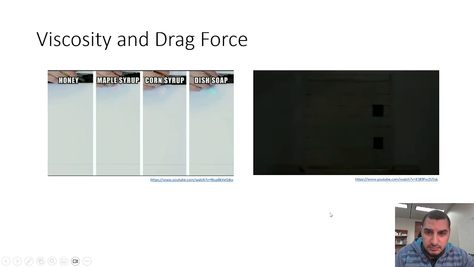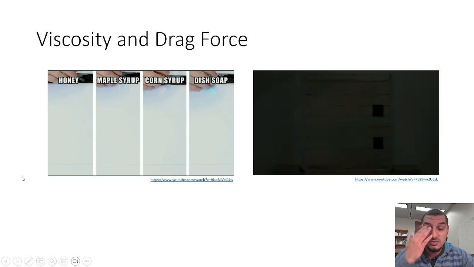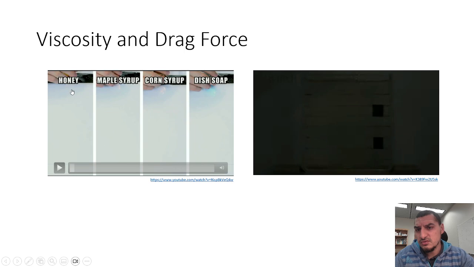So these are two nice videos that discuss this in an experimental way, just to give you an idea what you are looking at here. This is an experiment with 4 different fluids or liquids: honey, maple syrup, corn syrup, and dish soap. And this is a surface that is the same distance for each fluid, and there is a line here at the bottom.